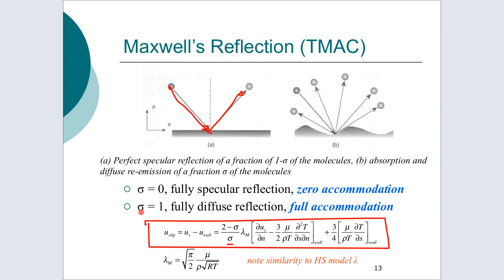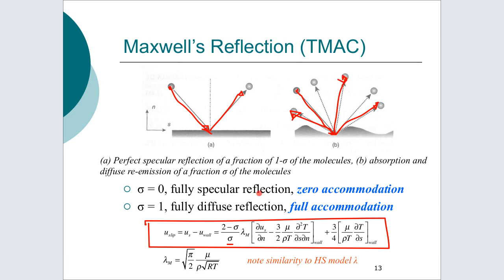So for sigma equals 1, we have a fully diffuse reflection. The incident molecule comes in, hits the surface, is held by the surface and then re-emitted in a random direction. It may head off in any direction whatsoever.